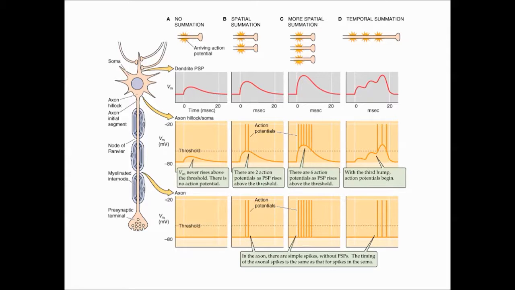If you have several firing simultaneously, you might get it to rise above threshold, or again, temporal summation: if you have one of these endings firing up here quickly, you can slowly raise that particular cell above threshold to get some action potentials.